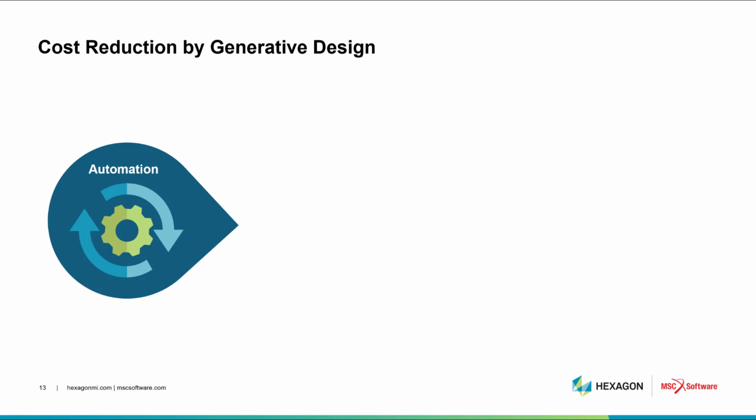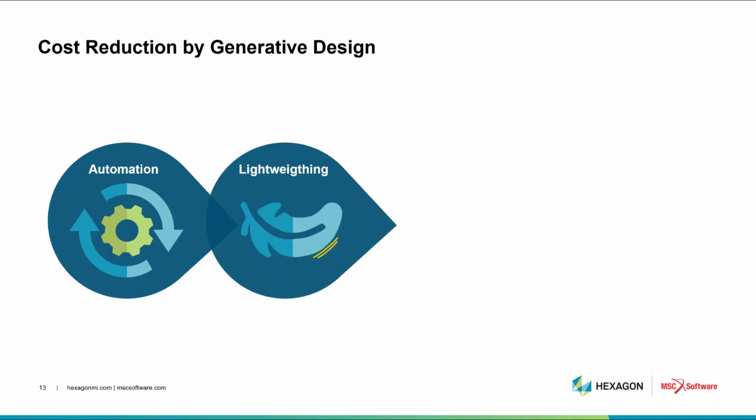Because we have a high degree of automation, we can run through a lot of different parts, or maybe the same part but with different loading conditions, because we do not yet know how the overall system will work, but we can automate that. We can go for lightweighting. Lightweighting always saves costs as long as we do not have to pay extra for saving weight.